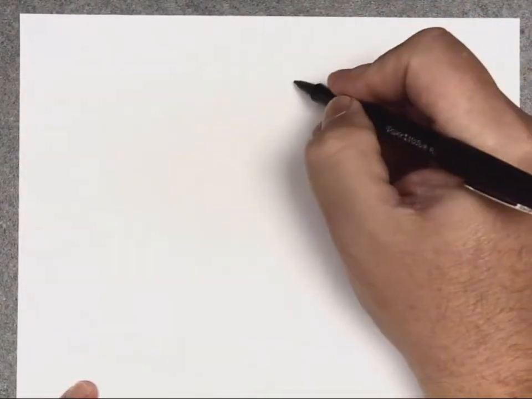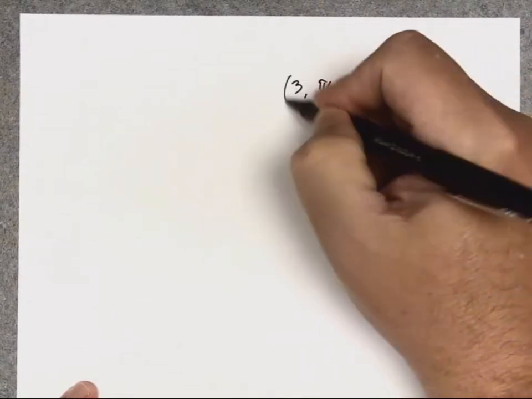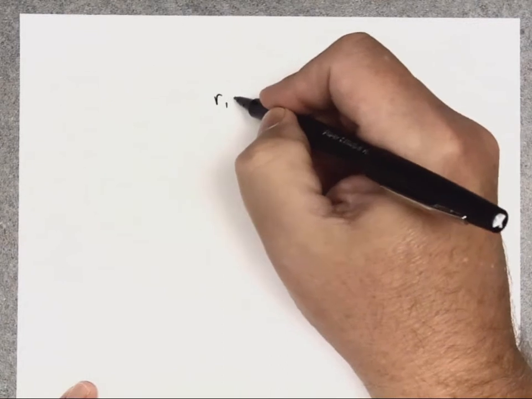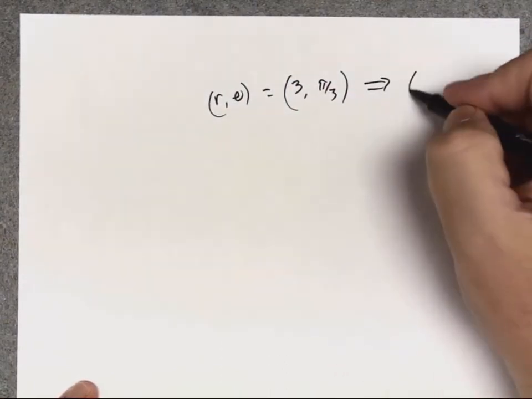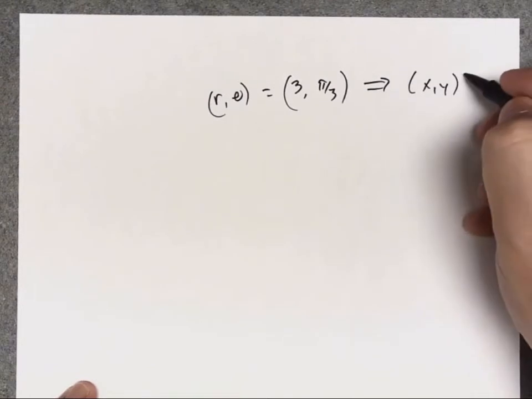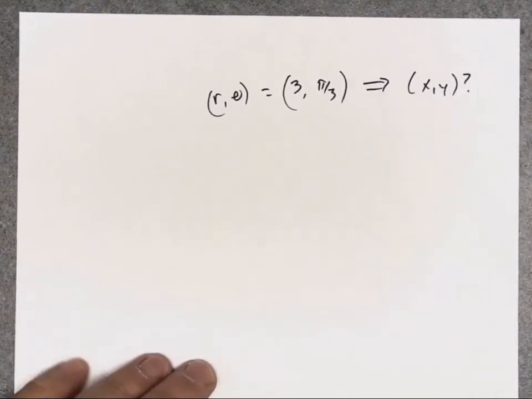So we'll start with something fairly straightforward. How about 3, pi over 3? And we want to know what would it be in the XY coordinate system.